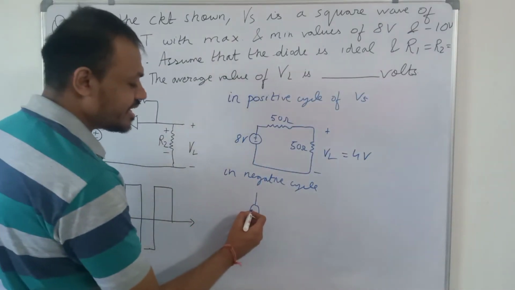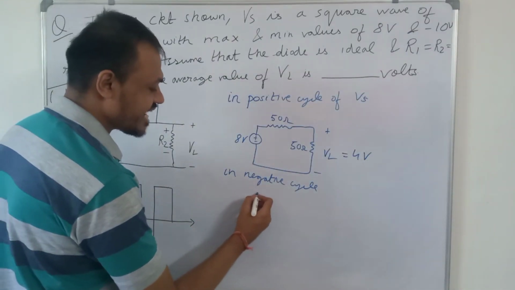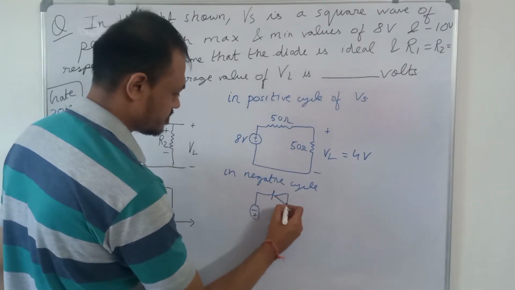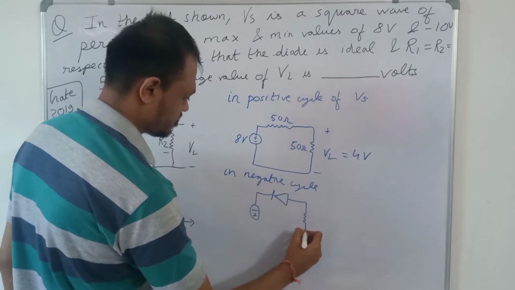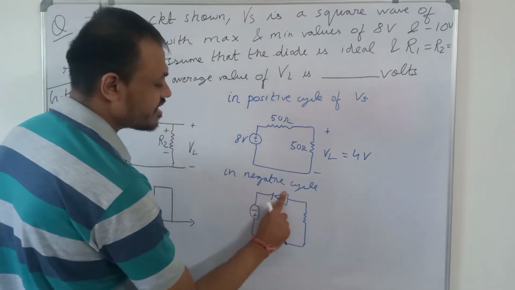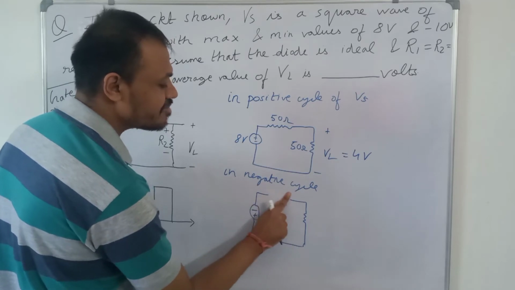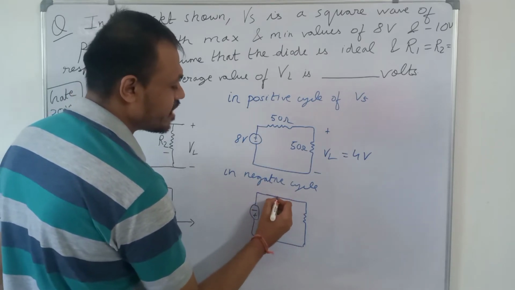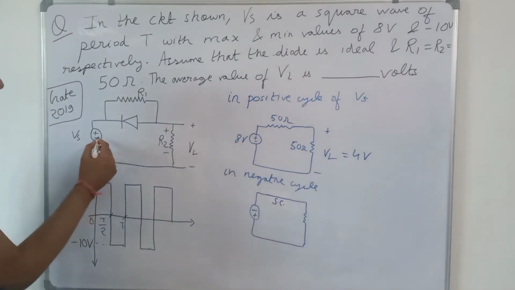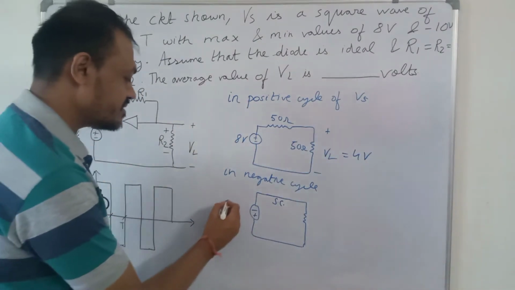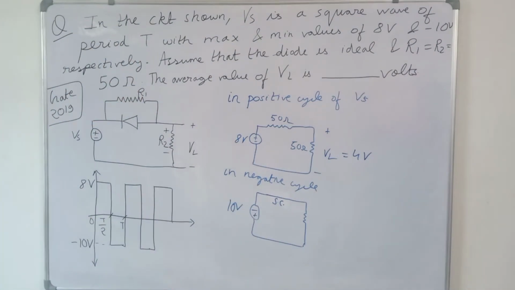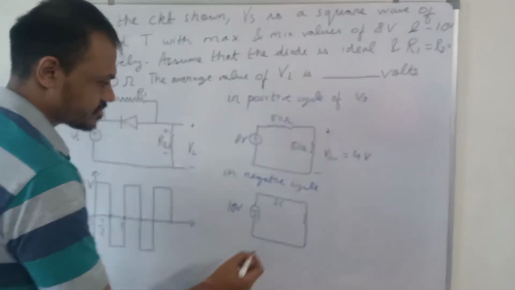So the diode will be forward biased, so we can replace the diode with a short circuit.